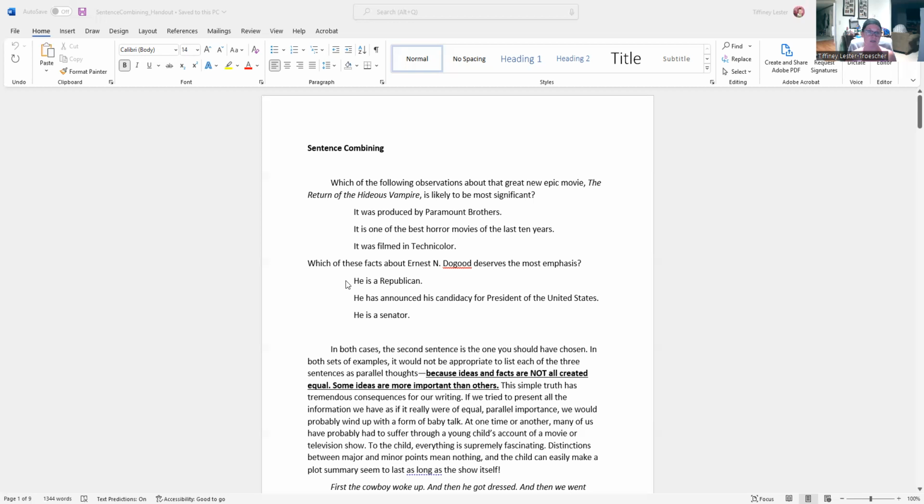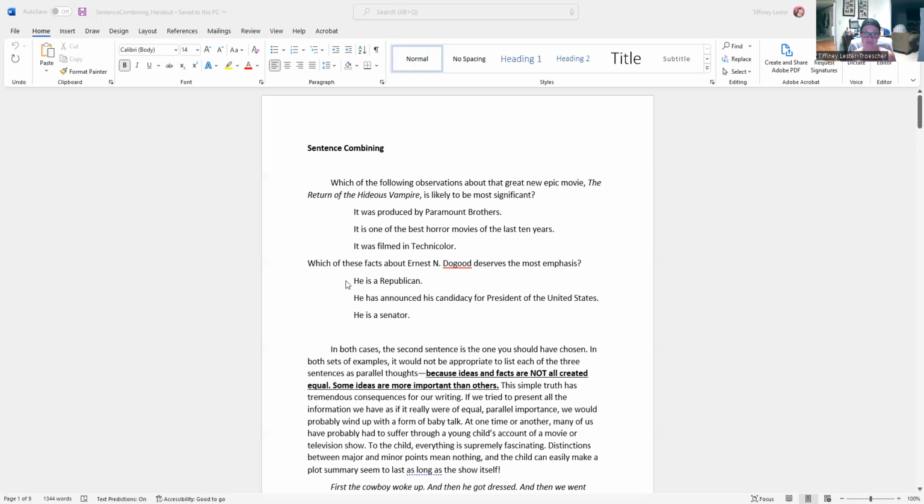So let's take a look here at a few groups of sentences so that I can better explain what I mean by how combining sentences and creating more complex sentences can help your reader figure out which ideas are most important.